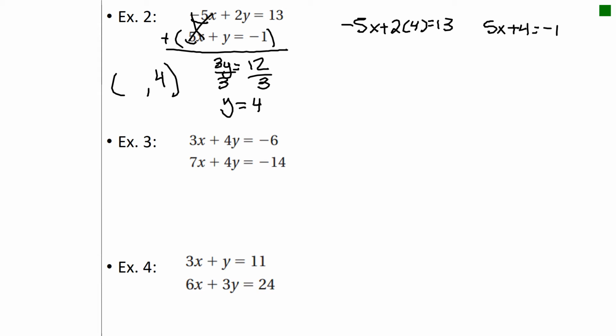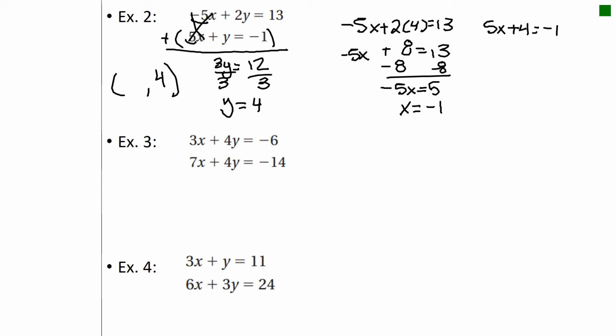Back to that first equation, 2 times 4 is 8. Take away 8, take away 8. Negative 5x equals 5. x equals negative 1.